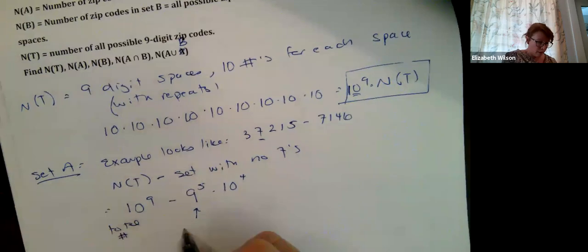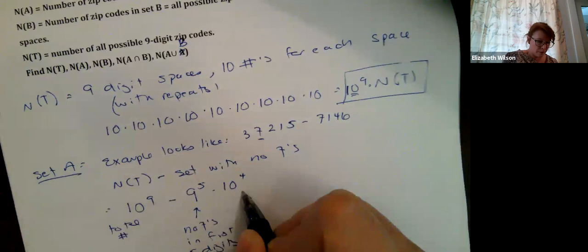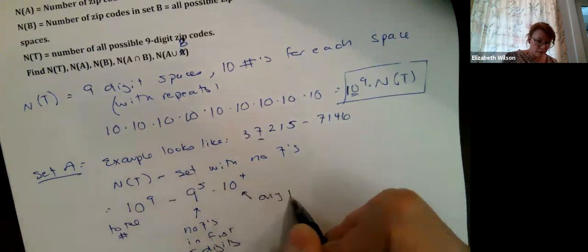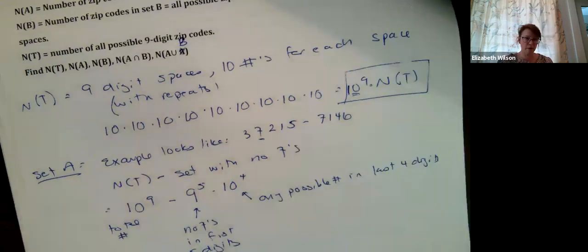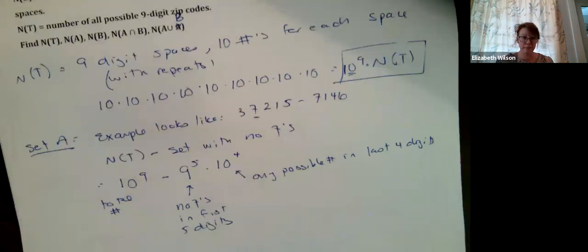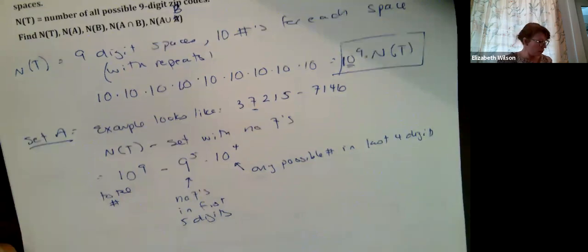This is no 7s in the first 5 digits. This is any possible number in the last 4 digits. Okay, that's our set A. And this is going to give us at least one 7 in the first 5, and any possibility in the second 4. All right, so we're going to do the same thing for part B.